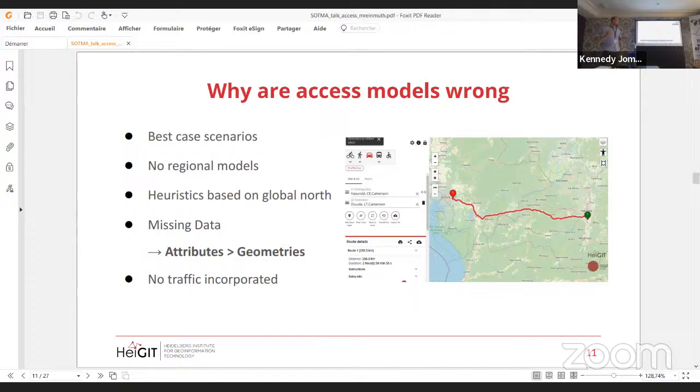They are wrong. They are mostly based on northern heuristics, like how fast you can travel on routes. And of course, we also have missing data, mostly the road type and surface. And we also have the main problem that traffic is not incorporated. And this is what I want to talk about today.